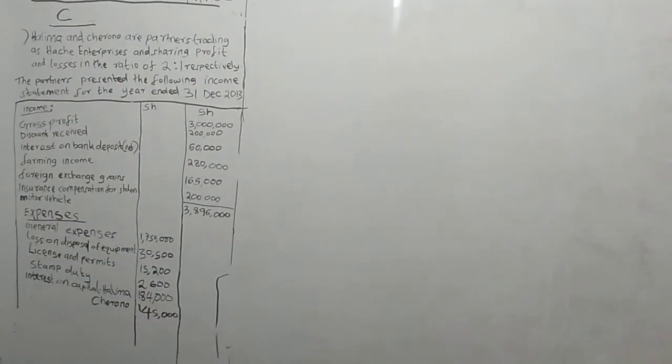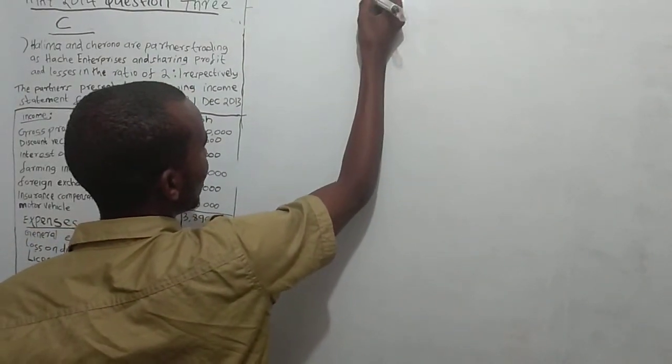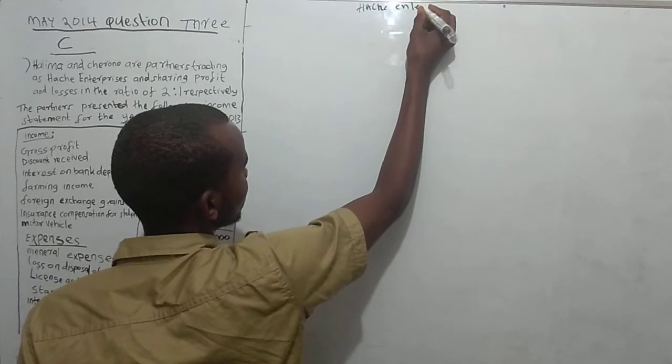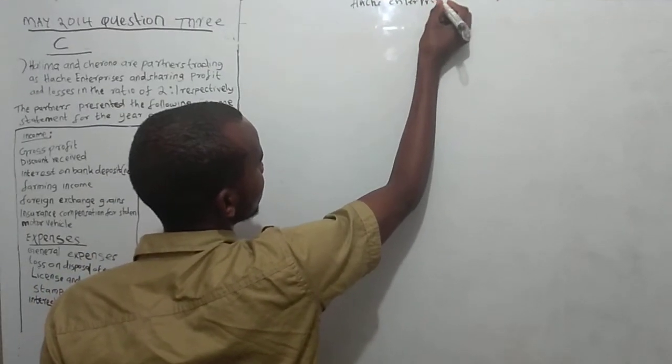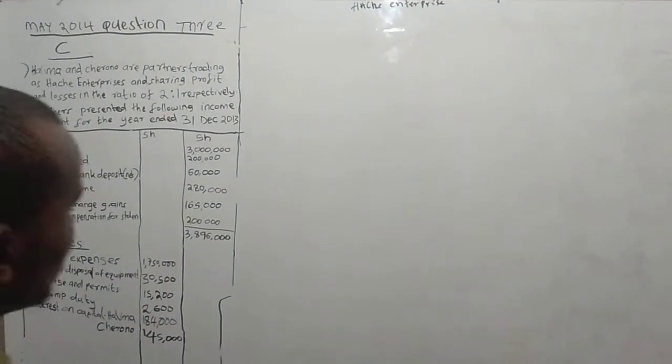Now, remember, this is Hake Enterprise. We have the heading here: Hake Enterprise. We are going to prepare the adjusted taxable income.